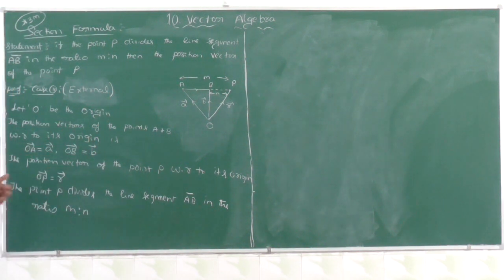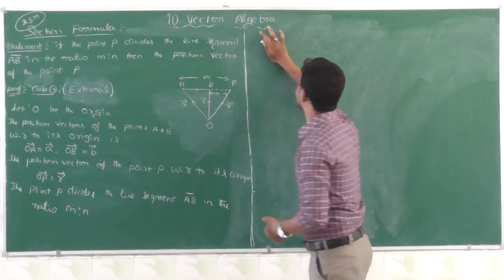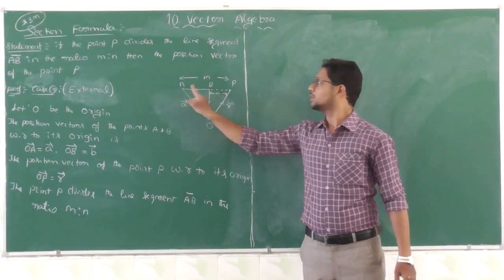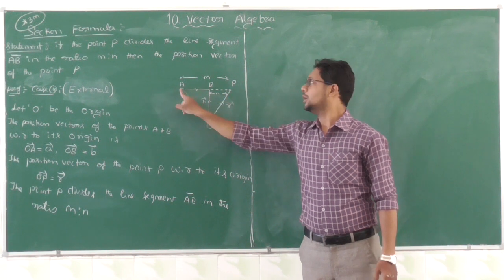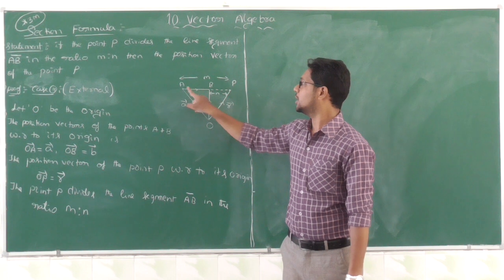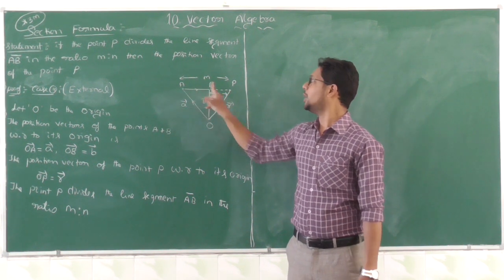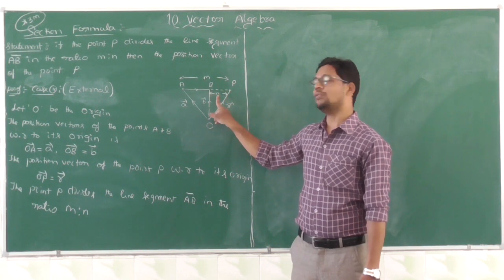Okay, so here is the explanation. Same explanation we will follow. We just see the vector AB, because this P divides the line segment AB externally in the ratio m is to n. From A to P we have m, from B to P we have n.